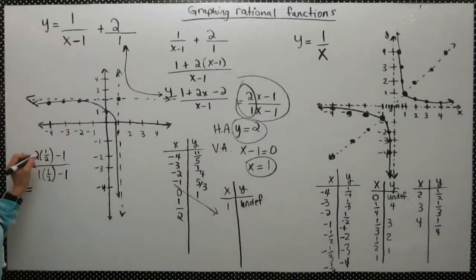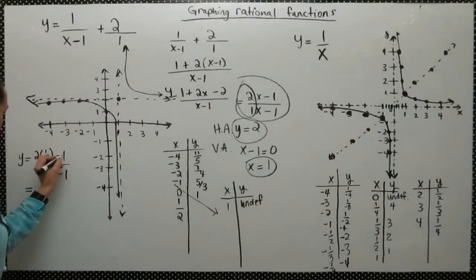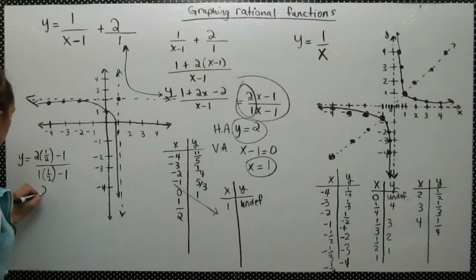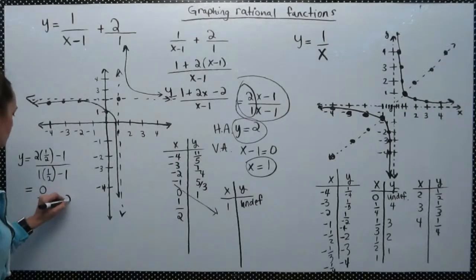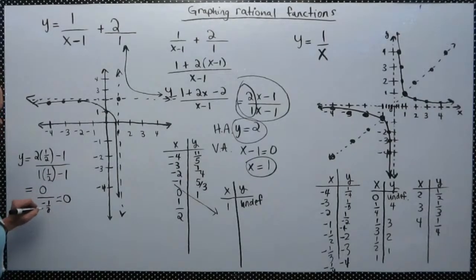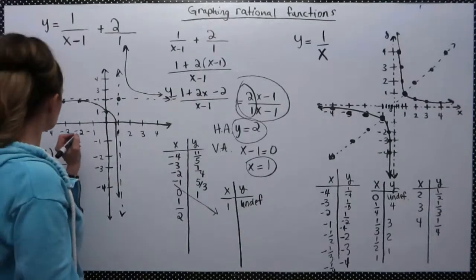So 2 times 1/2 is 1. Oh, look there. 1 minus 1 is 0. 0 divided by whatever is just 0, because you can divide 0 by a number. So I found my other 0. So that's where it's crossing.